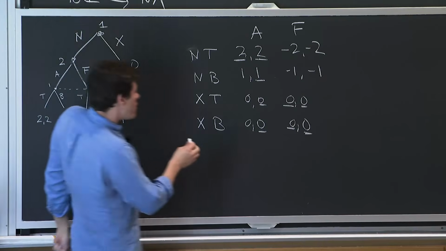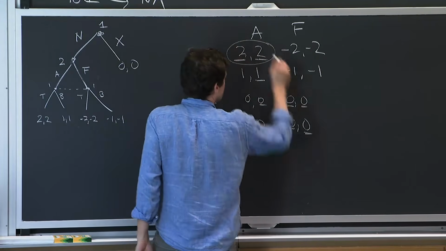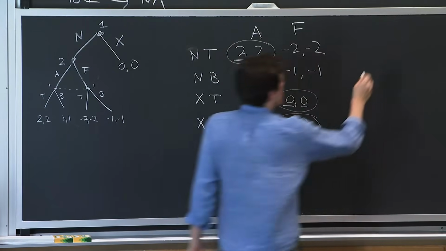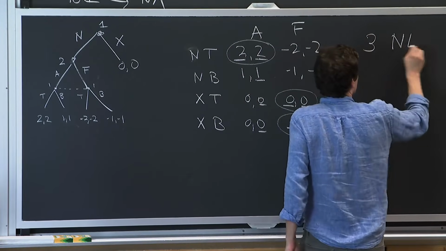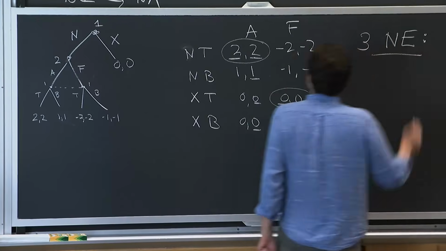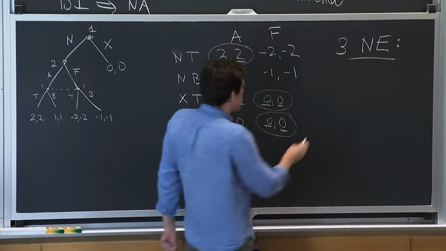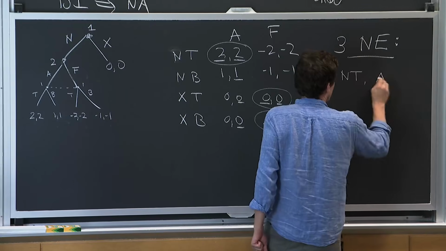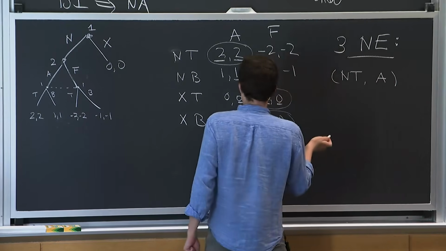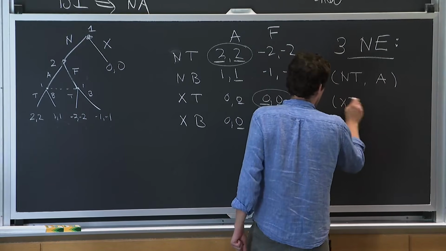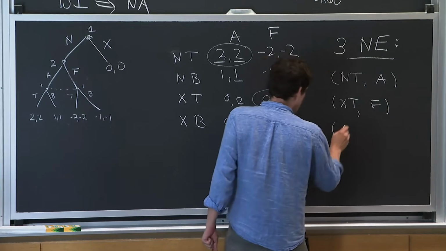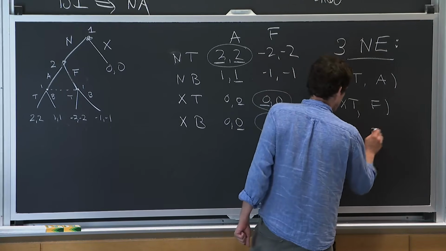So now we get 3 Nash equilibria. Let's write these down. We get NTA, XTF, XB.